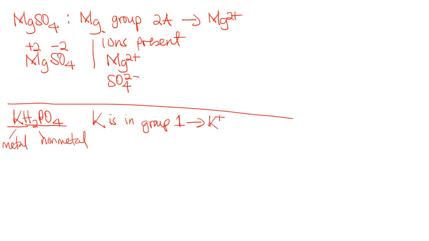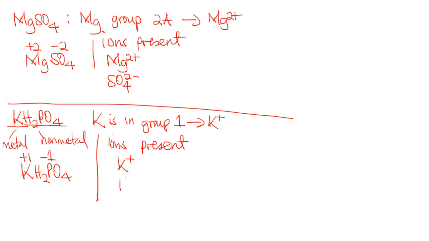Now, for this compound to be neutral, since K is +1, the whole of the H2PO4 part is -1. So the ions present are K+ and H2PO4-.